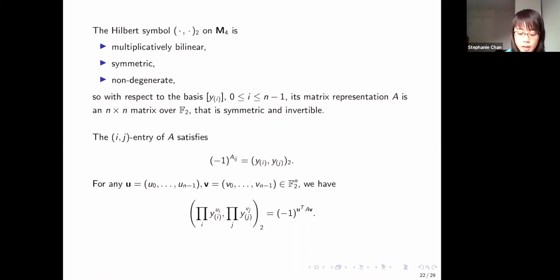So the ij entry, when converted to plus or minus 1, is the Hilbert symbol of y i comma y j at the prime 2. And we can write down the Hilbert symbol in terms of A and the row vectors that define the element in M4.